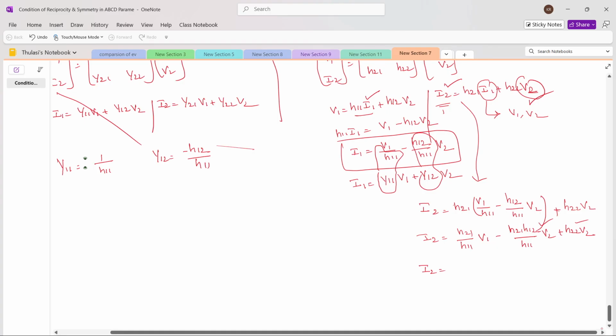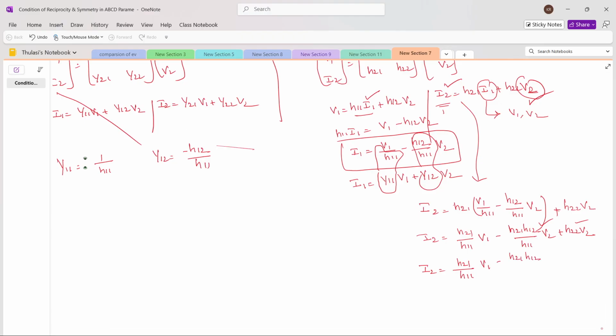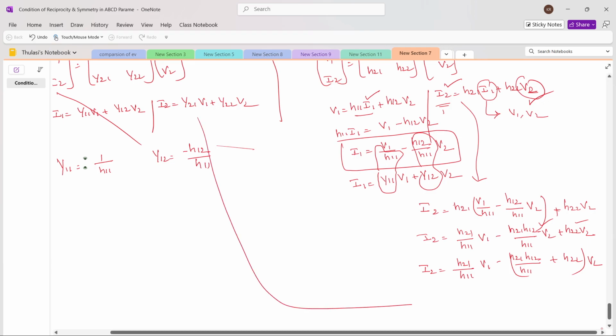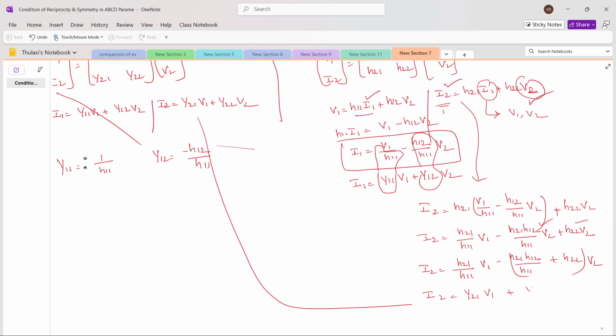Therefore, I2 is equal to H21 divided by H11 V1 minus H21 H12 divided by H11, and when you take the LCM, H22 with V2 is common. So what is the standard expression we have? I2 is equal to y21 v1 plus y22 v2.